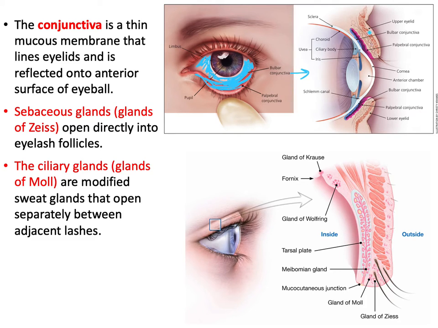Look at it here. This is a cross section. This is the eyelid. Inside the eyelid you have the palpebral conjunctiva, and this is the upper fornix, that means the upper corner of the eyelid, and this is the lower or inferior fornix. Then the conjunctiva reflects on the sclera of the eye until it reaches the cornea. So it doesn't cover the cornea. No, the cornea is transparent. Nothing covers the cornea, right? So this is the bulbar part.